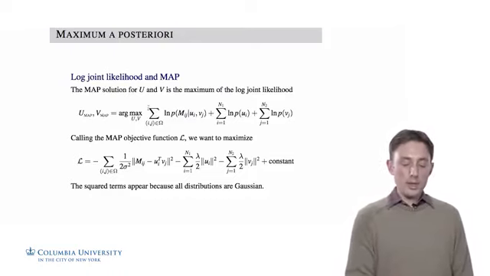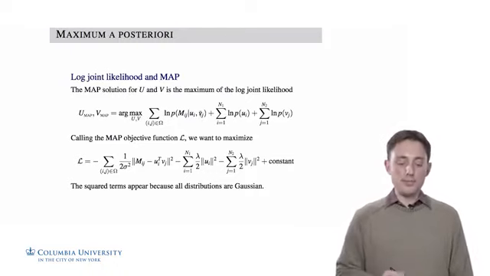In this case, we get this form where we sum over all of the measurements in our matrix M, the log of the likelihood of each individual measurement given the locations for the user and object, plus the sum over all of the logs of the priors.